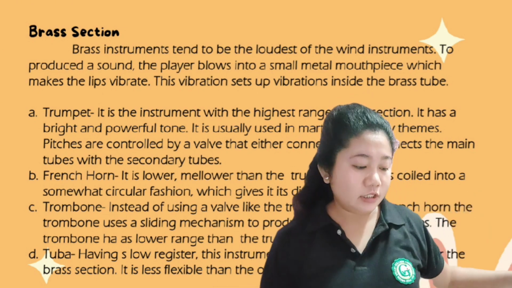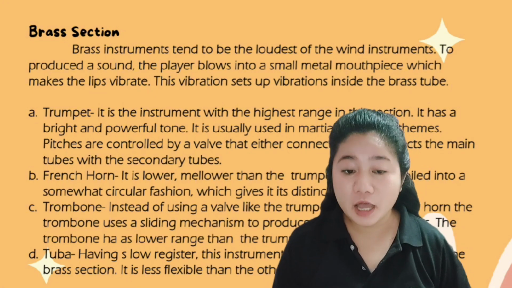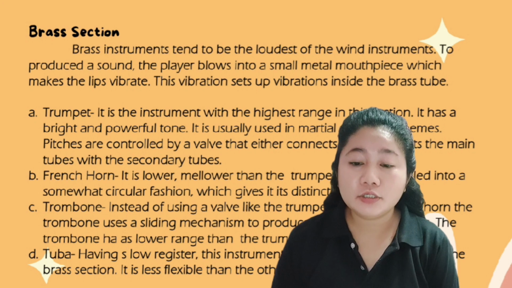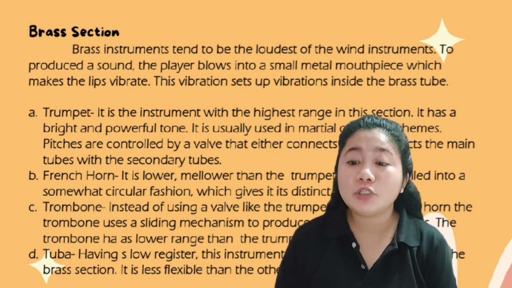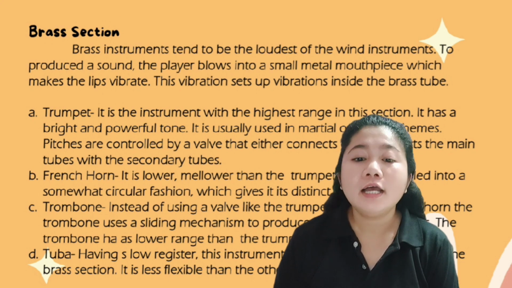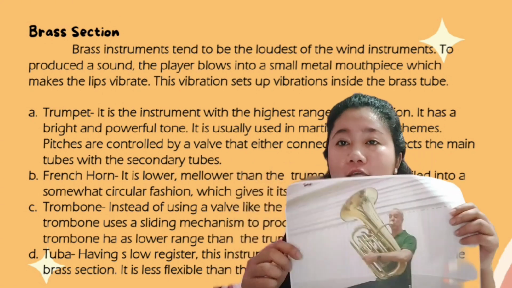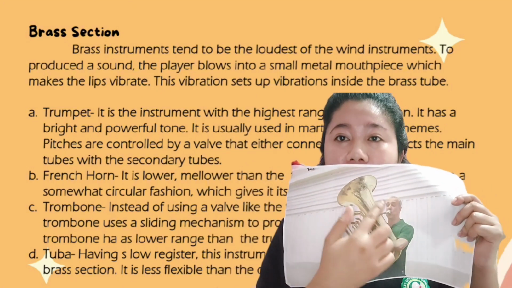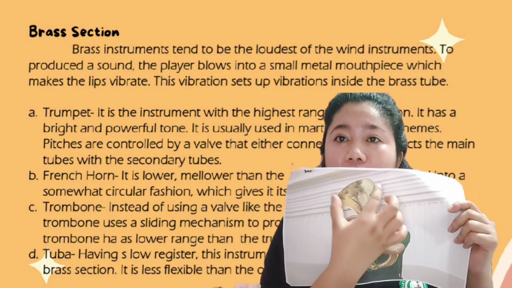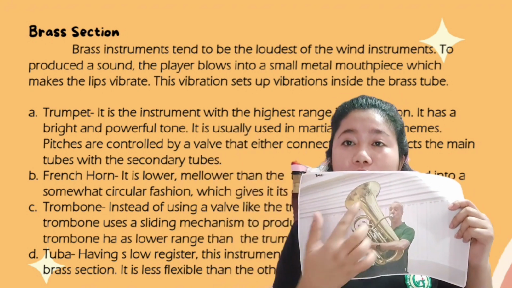So, now, let's proceed to the tuba. Tuba is a low-registered instrument, usually the foundation for the brass section. It is less flexible than the other brass instruments. So, si tuba naman, as you can see here, malaki yung kanyang parang dito, yung para makablow siya ng sounds, malaki siya dito.